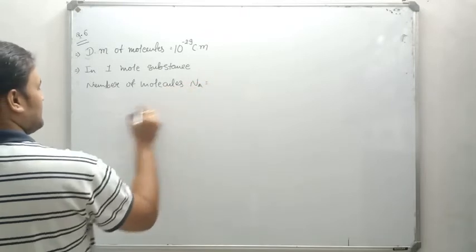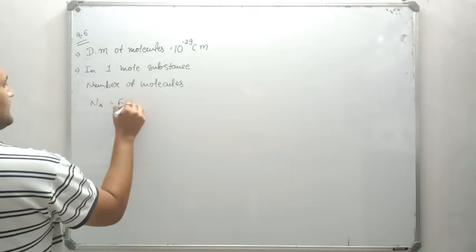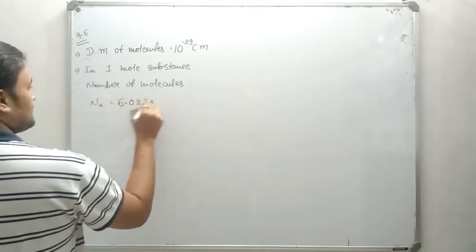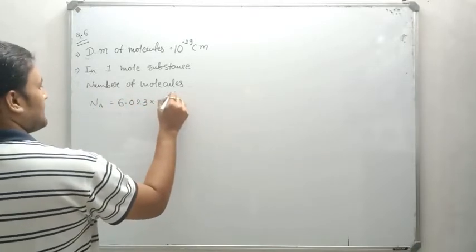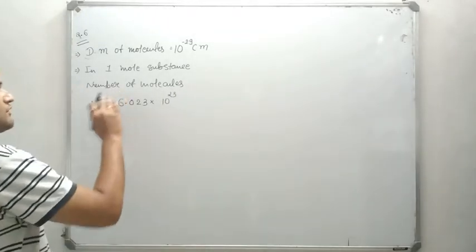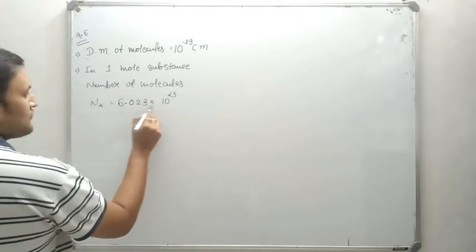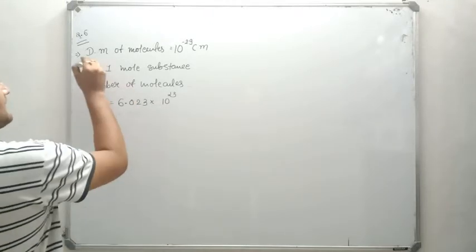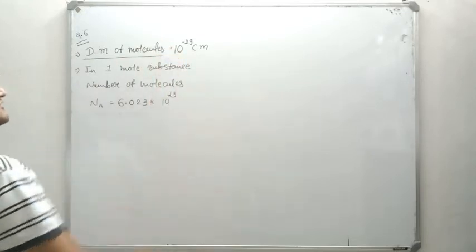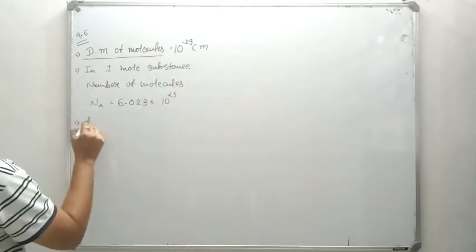Na is equal to 6.023 into 10²³. So the total number of molecules in 1 mole of substance is 6.023 into 10²³, and the dipole moment of each molecule is 10⁻²⁹.